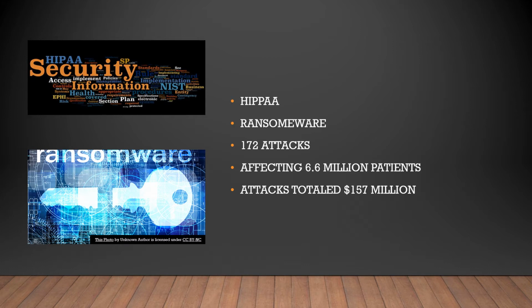Since 2016, there have been 172 ransomware attacks affecting 1,400 hospitals. This impacted roughly 6.6 million patients and averaged a $640,000 payoff to attackers. These attacks totaled over $157 million and numerous hours of downtime.